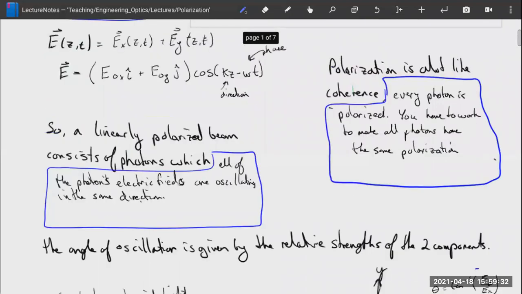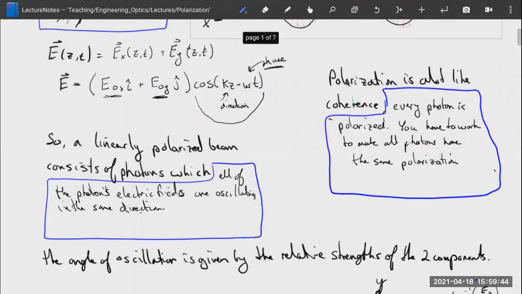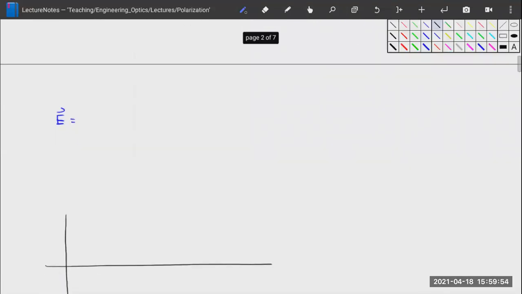So if we look at our mathematical description of these waves, both the x and the y component are multiplied by the same cosine, which means they have the same phase, right? But what if we made the phase different for these two? Well, turns out we can describe this where we allow the phase to vary. So we say that E, our electric field, is equal to i hat times E naught x cosine of kz minus omega t.